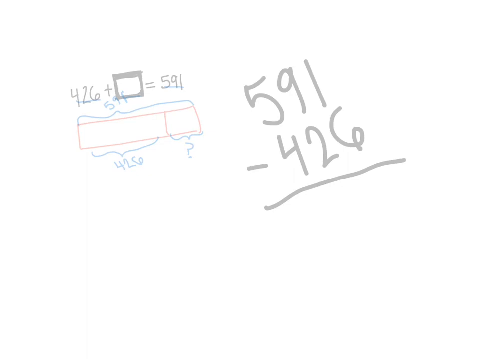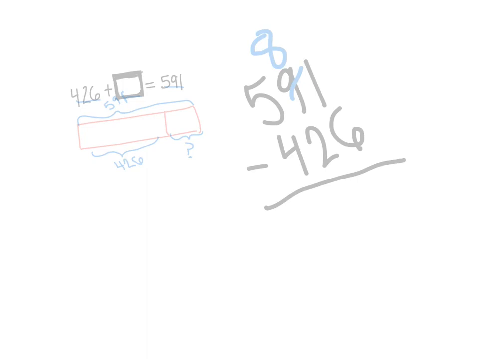You're right, but we're not going to use that strategy today. Can I take 6 away from 1? No. So I'm going to have to go to my tens and take a 10. Now I only have how many tens? 8 tens. What did I trade my 10 for? 10 ones.